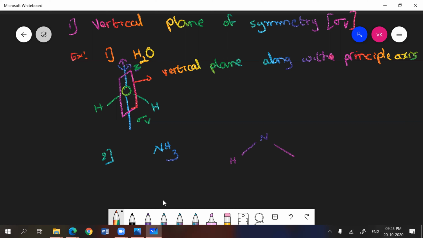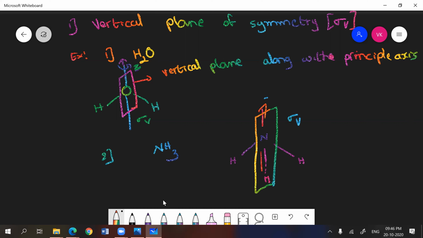You can say it has three vertical planes. This is the Z axis. Passing through one atom and the Z axis, you can say one sigma V. Similarly, passing through another atom and the Z axis, it will have another sigma.